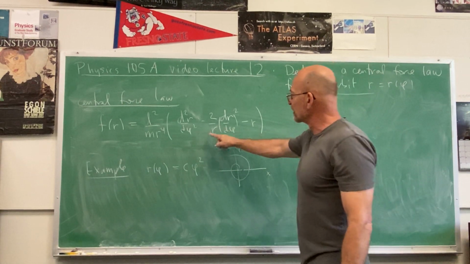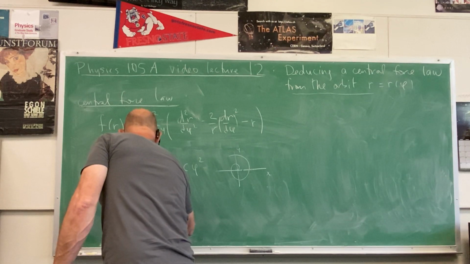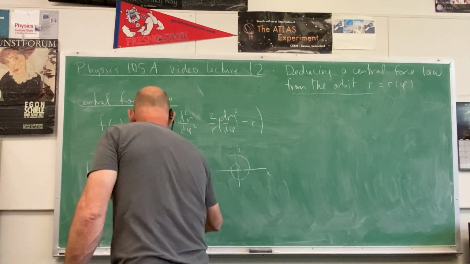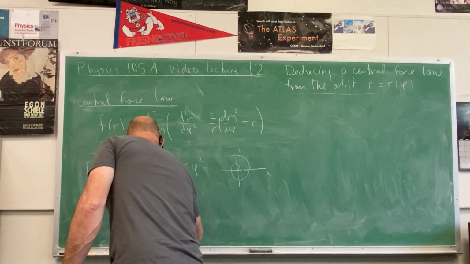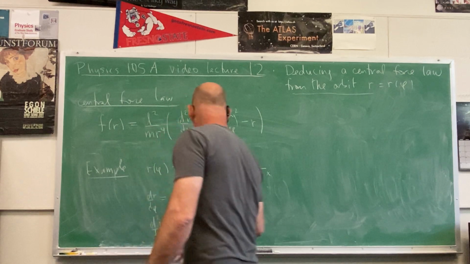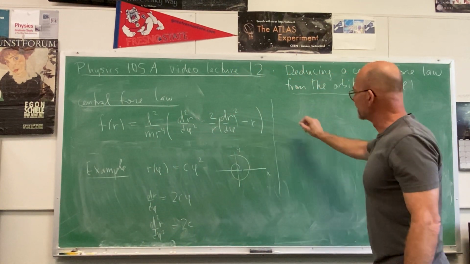So what we have here, we have dr d phi is equal to 2 times c times phi, and d squared r d phi squared is equal to 2 times c. So what we're going to do is plug that in to our formula.